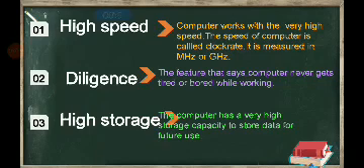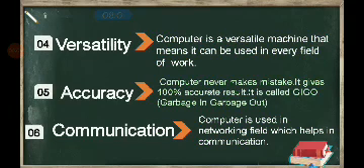Okay, and now the fourth one we have versatility. Versatility means the computer is a versatile machine. So versatile means that it can be used in every field of work. Most of the fields, computers are being used. You may not find any other kind of device which can be used in every field.